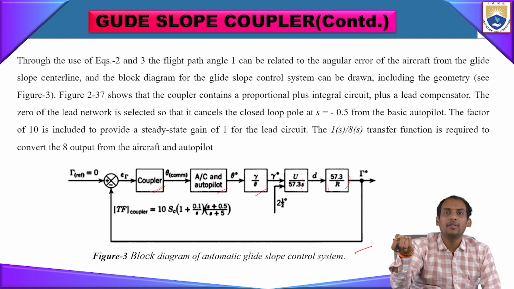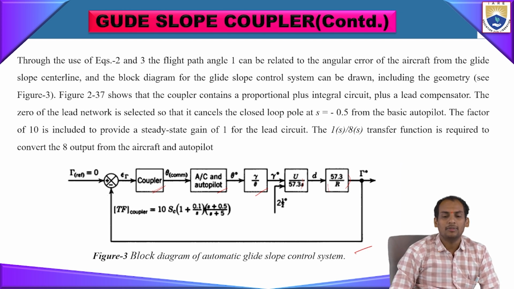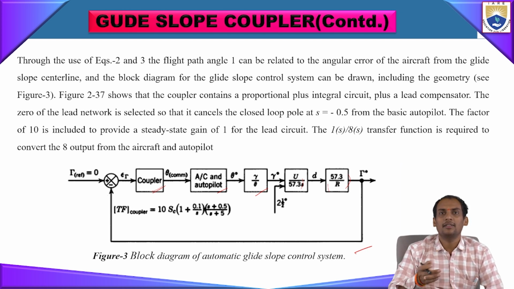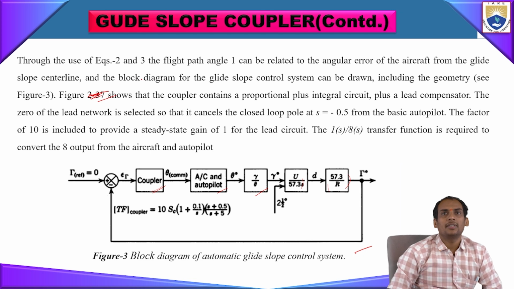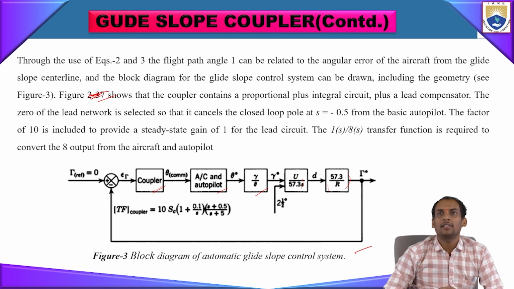So the tau naught will be the output for this system. To control that, we have designed this autopilot control system, and the block diagram we have given here. So figure C here, this is 3 only. So it shows that the coupler contains a proportional plus integral circuit, plus a lead compensator also been given here.